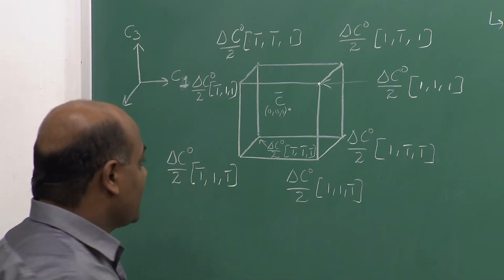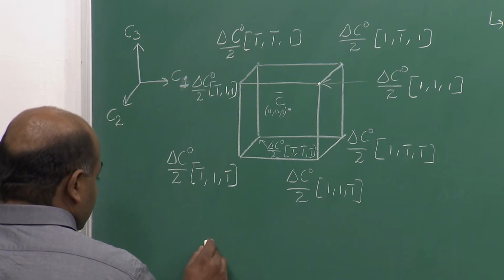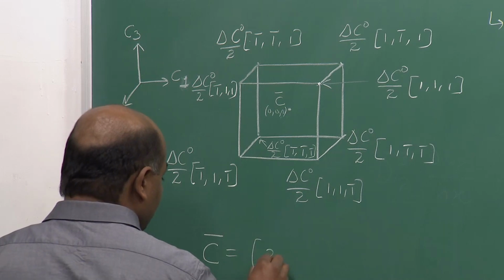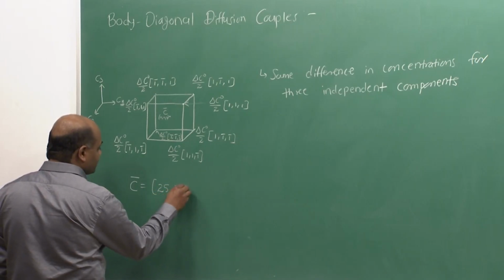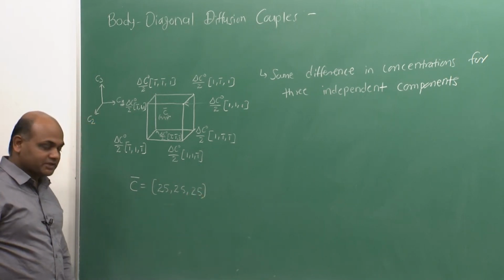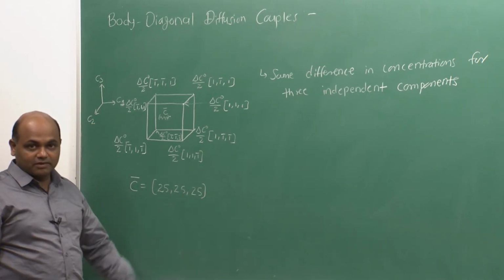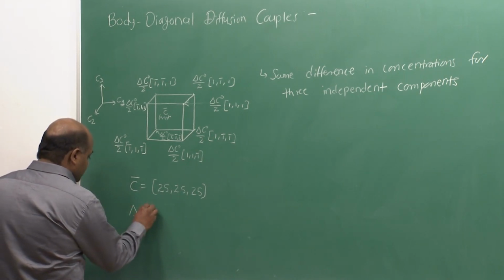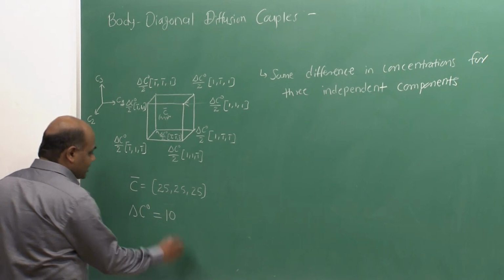So, let us say I want the quaternary interdiffusion coefficients at C bar equal to 25, 25, 25% of 1, 2 and 3. So, obviously, the component 4 will also be 25%, and delta C0 is 10.